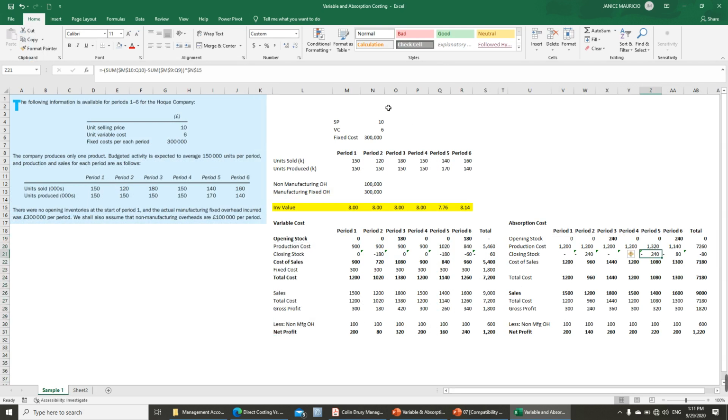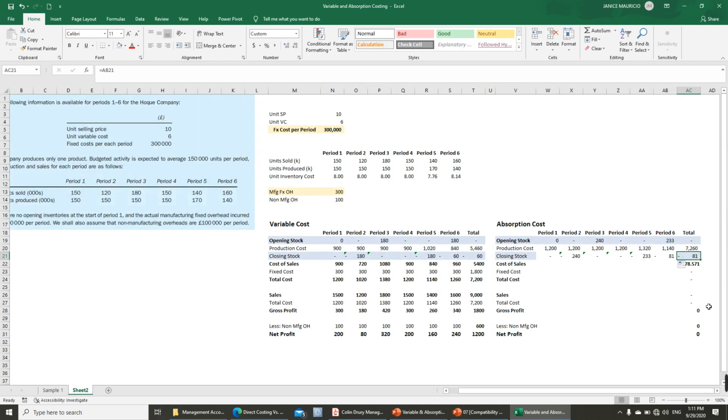Bakit ito iba? Parang mali. Dapat ganyan yan. Okay, i-copy lang natin yung cost of sales. Tinitingnan ko yung sagot ko earlier. Okay.